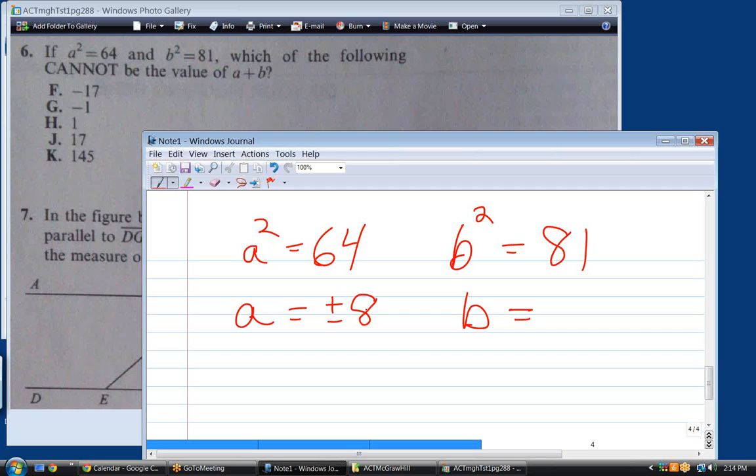If A were minus 8, minus 8 squared is indeed equal to 64. And what's B going to be? Plus or minus 9. Okay, now we have lots of combinations. Can minus 17 be an answer?